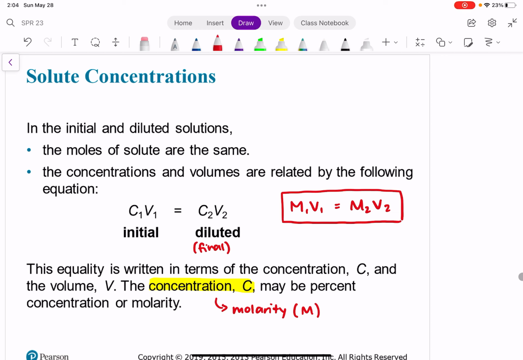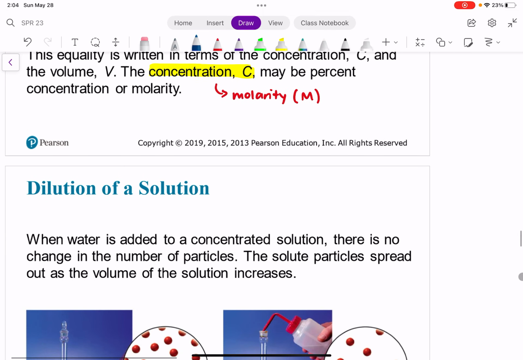The main idea is the same. You're taking your initial molarity and volume and diluting it to get a final molarity and volume. And you can use this equation to solve a number of different problems.